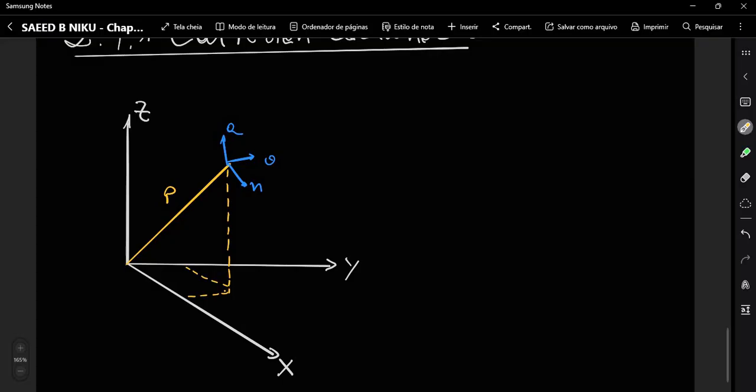So is px, py, and pz. These are components. We are decomposing components of this vector.